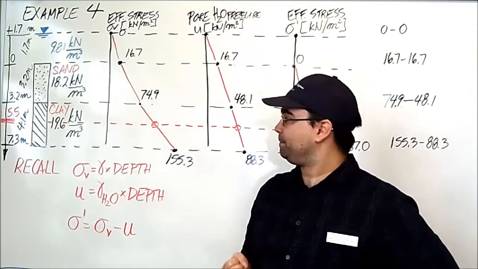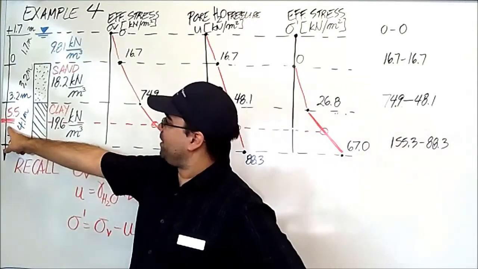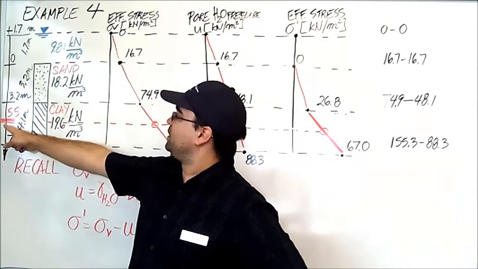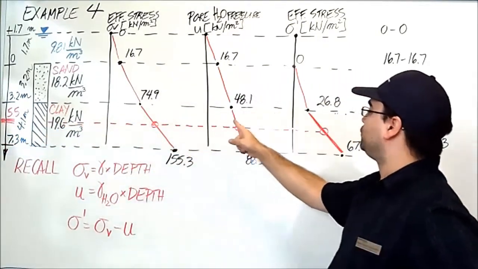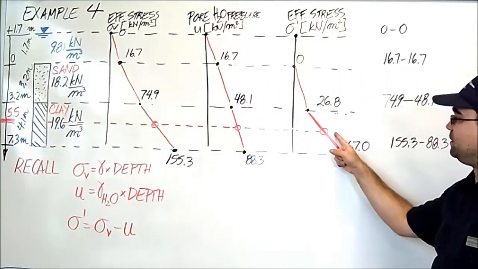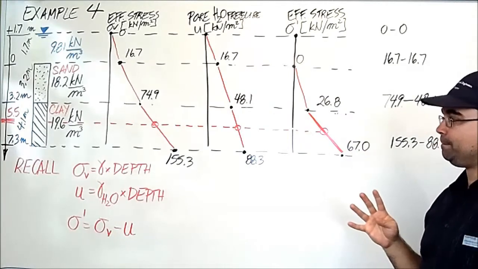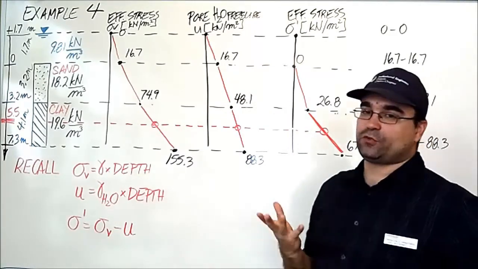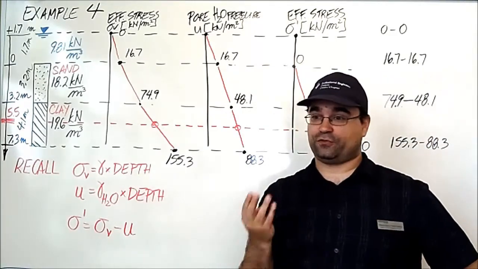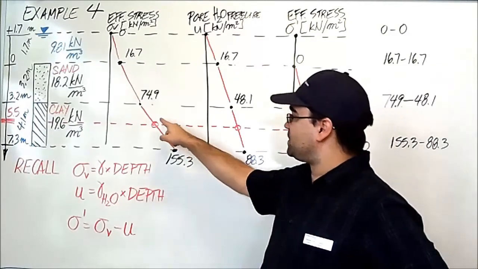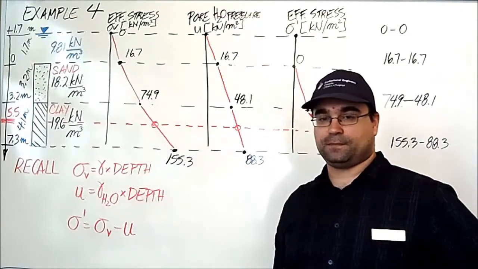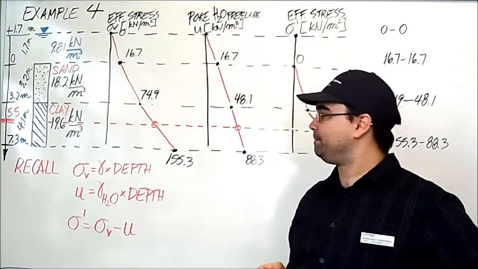Let's try it together. I've shown here 5.5 meters in depth and sketched it throughout the calculations that we've already done for example number 4. So essentially, we basically have to repeat what we've done so far for the first 4 examples, but at this specific depth. Okay? All right.